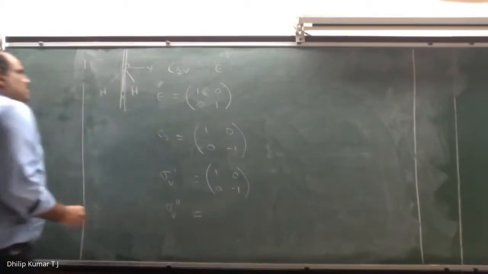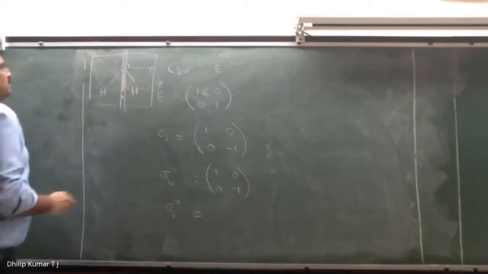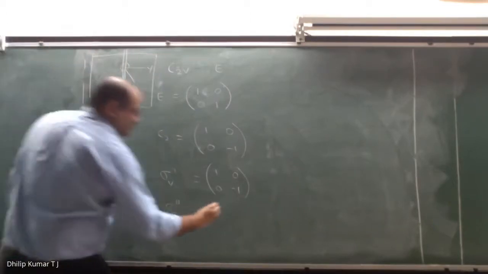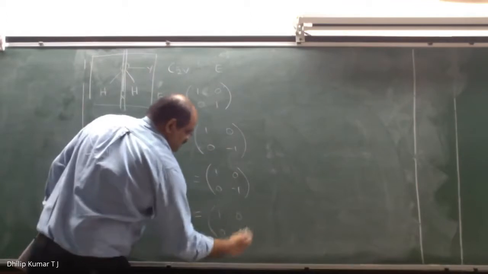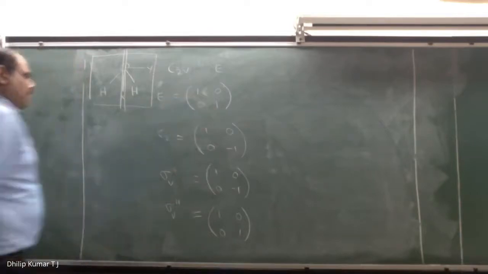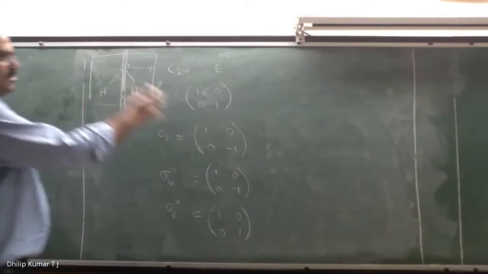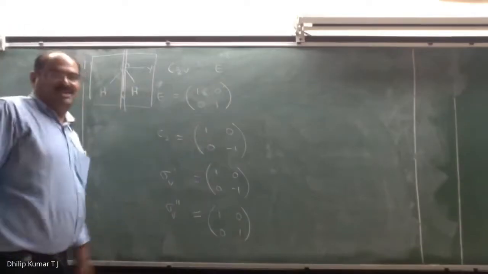And sigma v double prime is where we place the plane on the molecule, so nothing is going to change, and we can say 1 0 0 1. So one can write the matrix representation based on our basis. We are considering only the x and y axes, not z, so it's just a 2 by 2 matrix. Based on this, you can build the matrix multiplication.